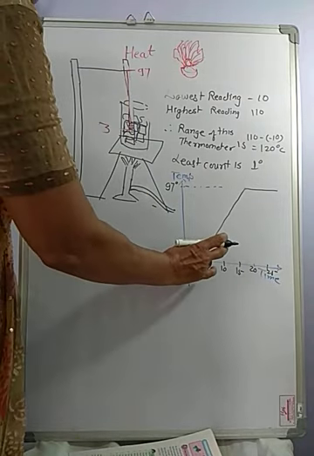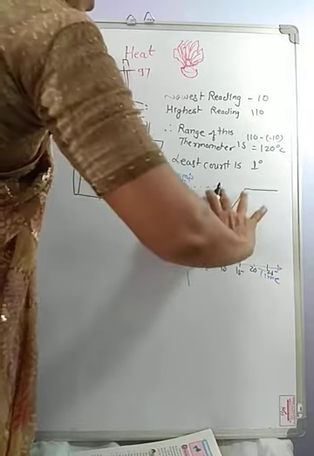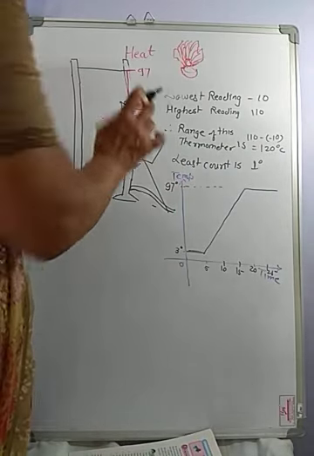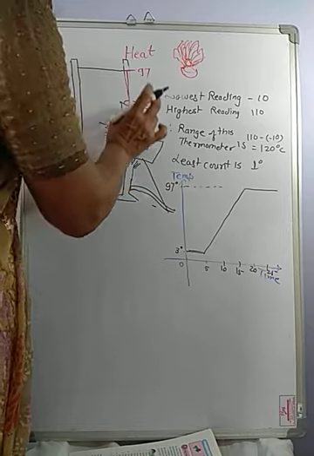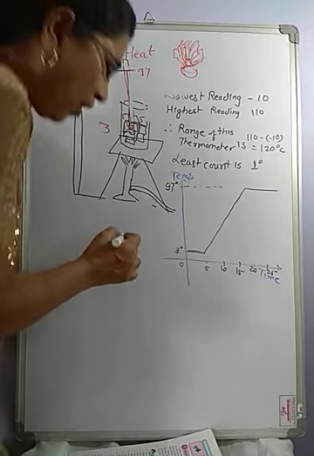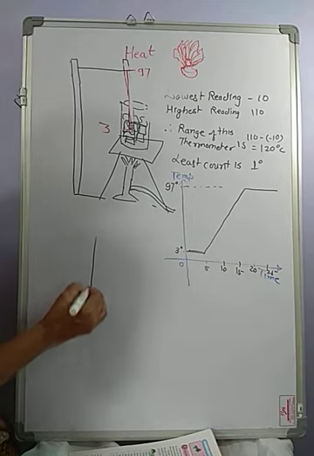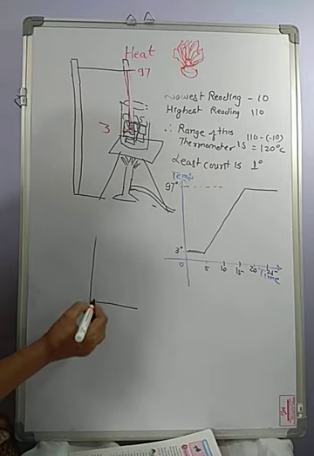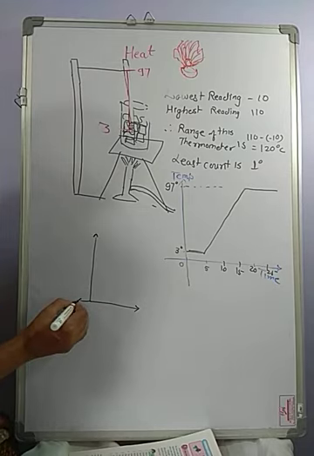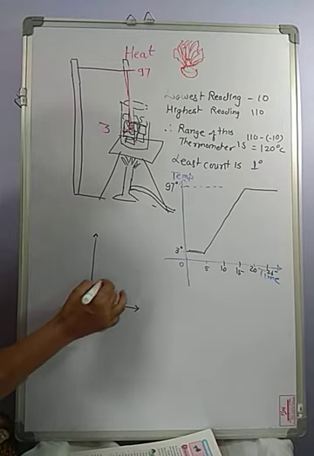Now this duration and this duration, or this duration also, all depend on the amount of water or ice cube taken. This graph can also have a nature like this. If we do not take a large amount of water, in that case the graph may look like this.